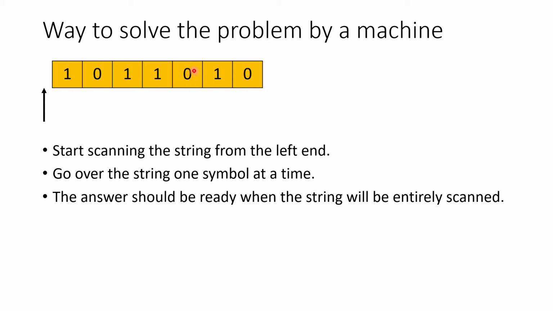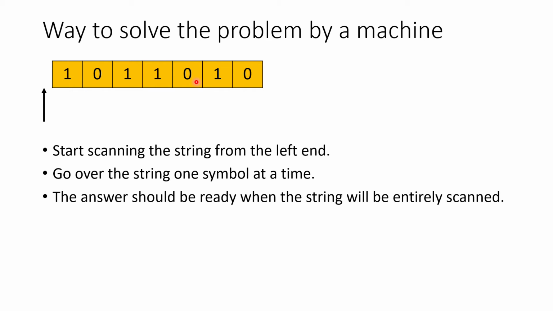And again when you see a 0, before reading this 0, your state of mind was that you have seen an odd number of zeros. And any odd number of 0, if it is concatenated with a single 0, as a whole the total number of zeros will become even again. So as soon as you visit this 0, your state of mind will change again from an odd number of zeros to an even number of zeros, like this.